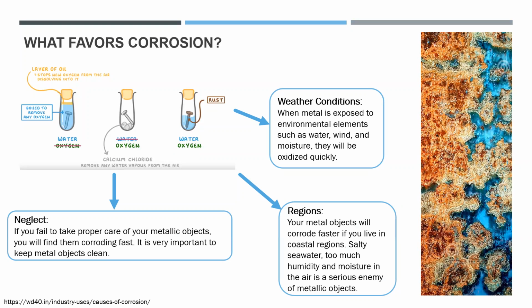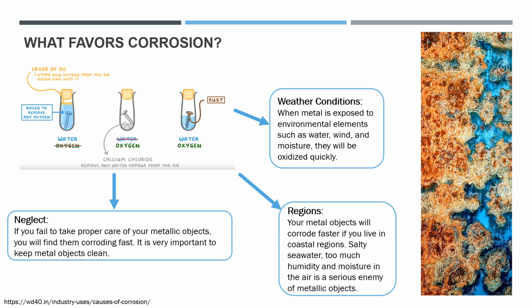In terms of this, there are three main things that favor corrosion. The first is the weather condition. When the metal is exposed to an environment with water, wind, and moisture, it quickly oxidizes. The second is the region.